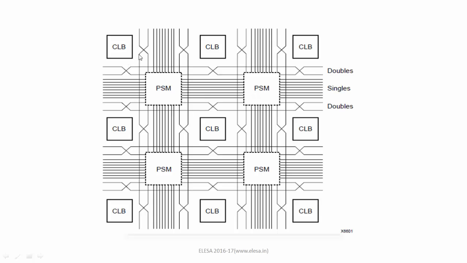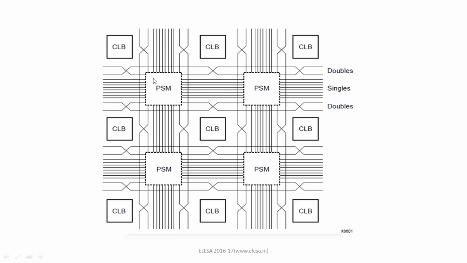So it is not possible to have a wire already laid between these two, right? That's why at many instances PSMs are provided. What are these PSMs? PSMs are the programmable switch matrix. Okay, this switch matrix will actually route one of the wires in this direction. This PSM will route the wire in this direction, and it will go inside this CLB.